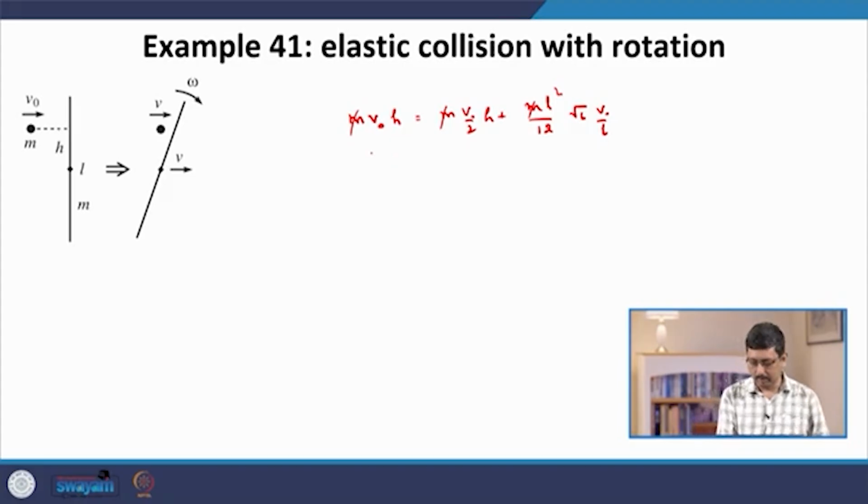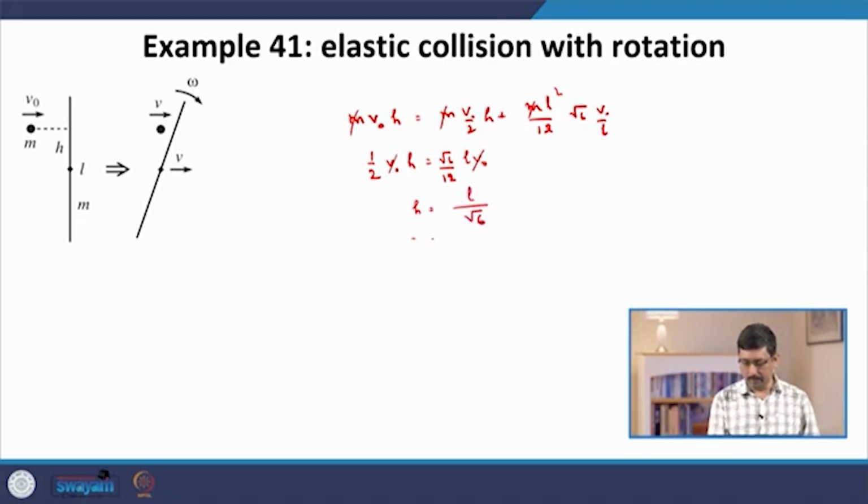We have half v naught h is equal to root 6 by 12 L times v naught. So the v naught gets cancelled, and we get h to be L divided by root 6. So this is the answer.